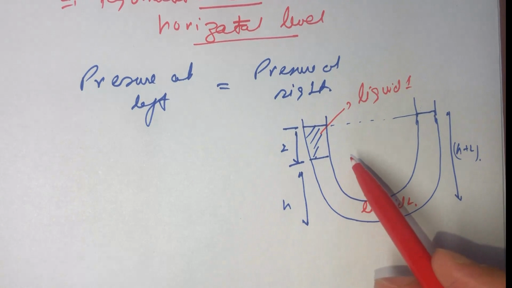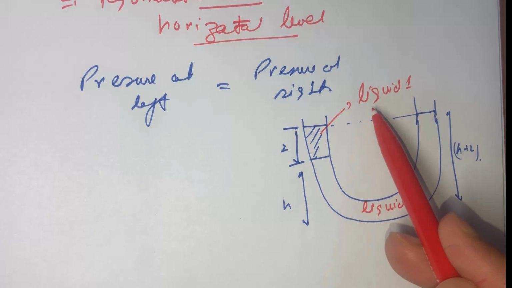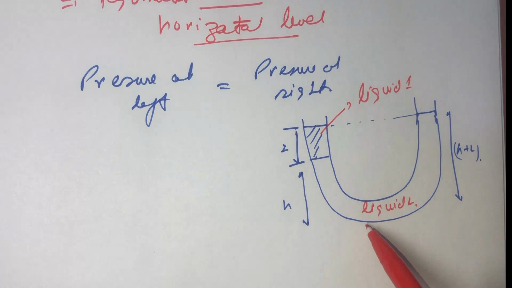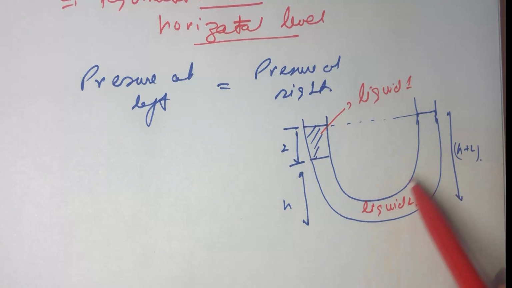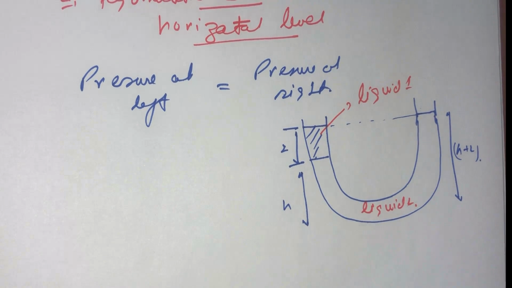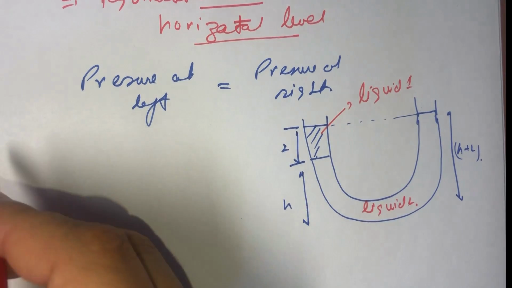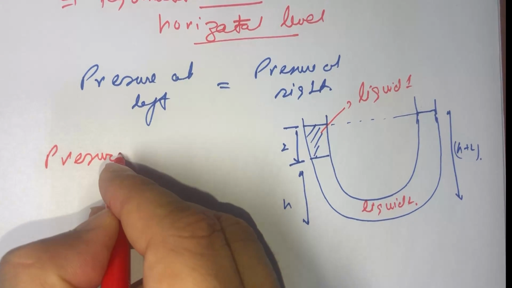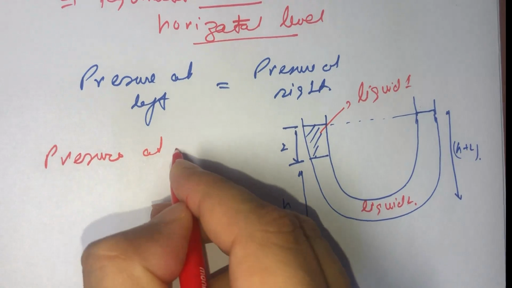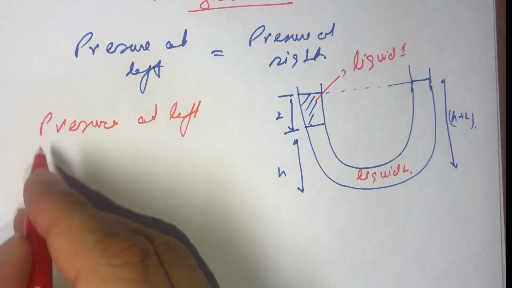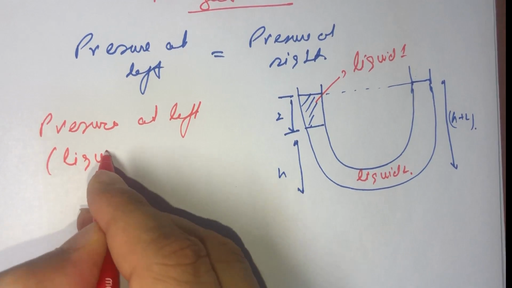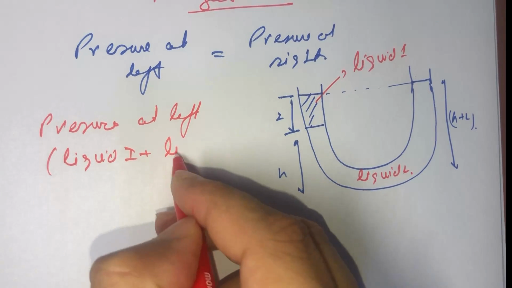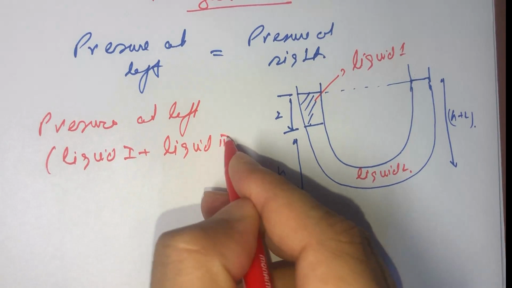So pressure on the left will be because of liquid 1 as well as liquid 2, and pressure on the right will be only because of liquid 2.